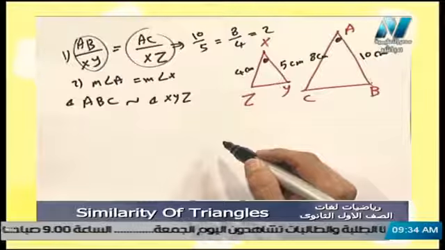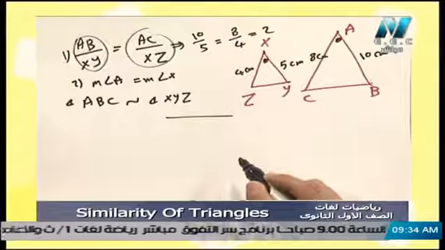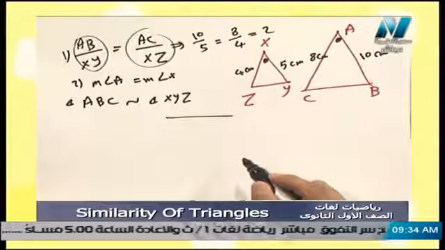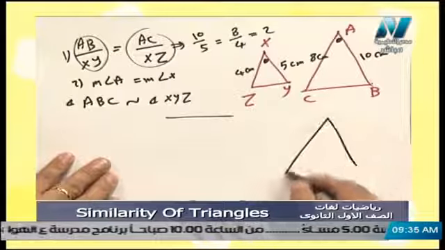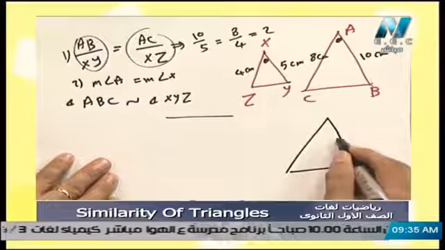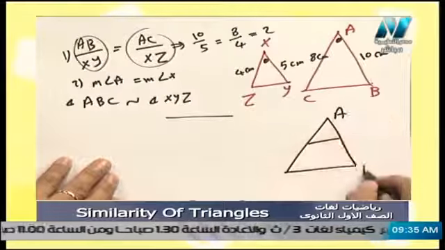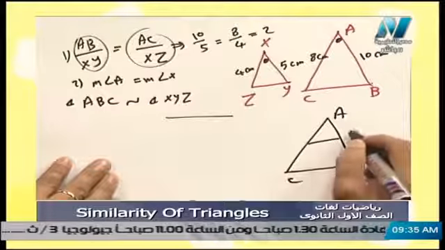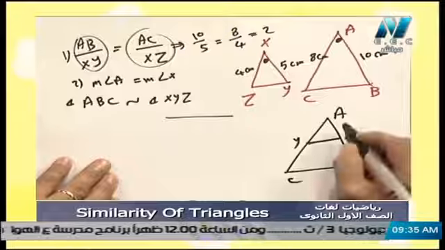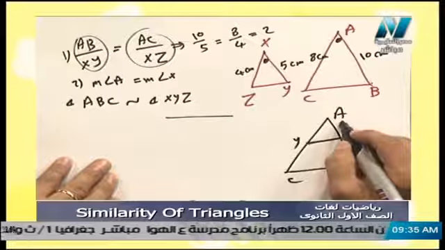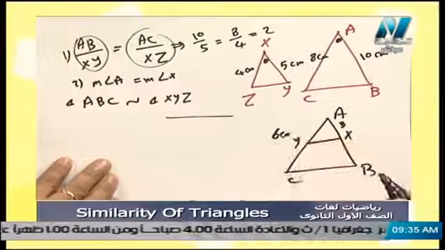Let's move to another example. If we have a triangle like that and a triangle like that, we call this ABC and this AXY. Here is 3, here is 6 centimeters.